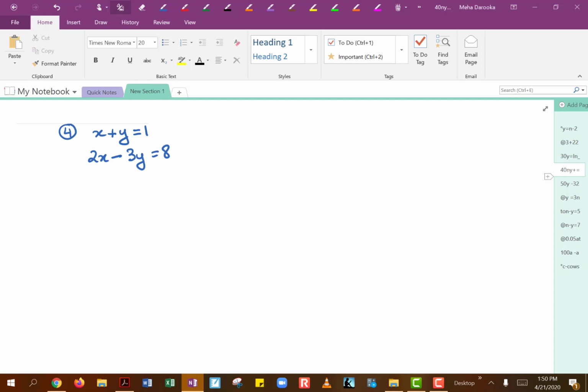So the first thing we're going to do is take equation 1 and rewrite it either by getting x by itself or y by itself, and it really doesn't matter which one. So how about we get y by itself and move x to the other side. We'll subtract that x, and you end up getting y equals 1 minus x. So we're just rewriting equation 1.